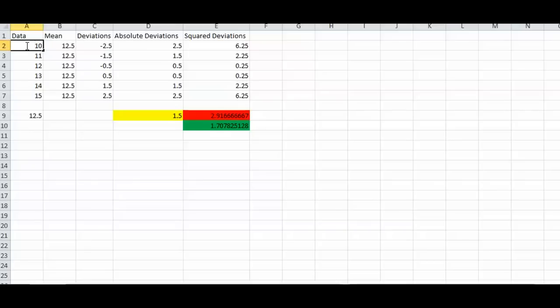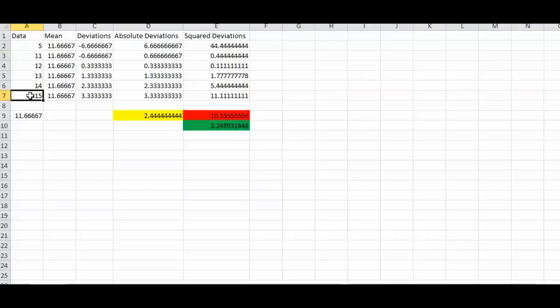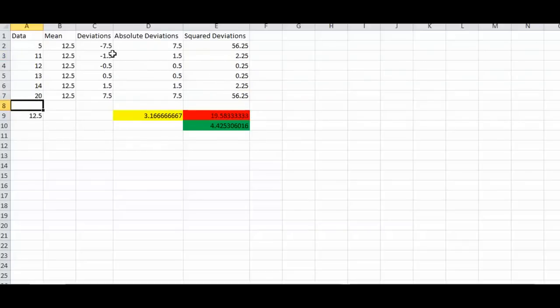So let's see that happen right now. Right, so these 2 deviations have increased. They've now gone up to negative 7.5 and 7.5.